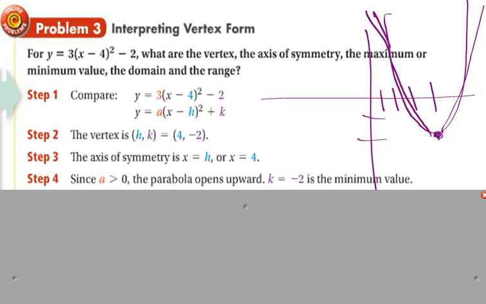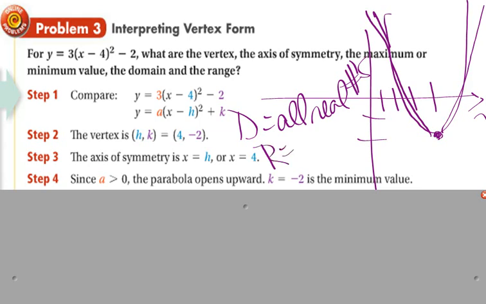So you can say its domain is going to be all real numbers. And it will always be that for these type of parabolas, facing upwards or facing downwards. Domain will always be all real numbers, but the range is what becomes different.